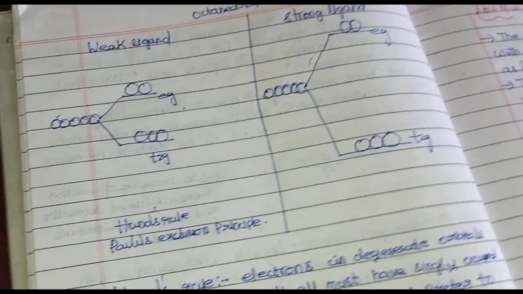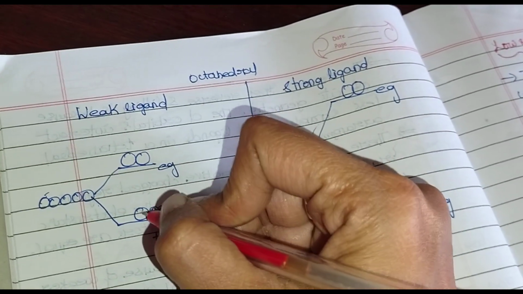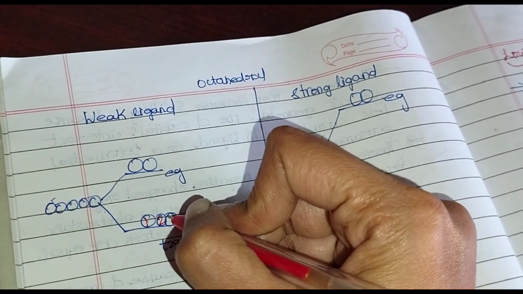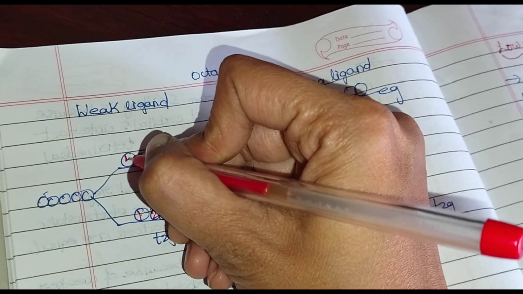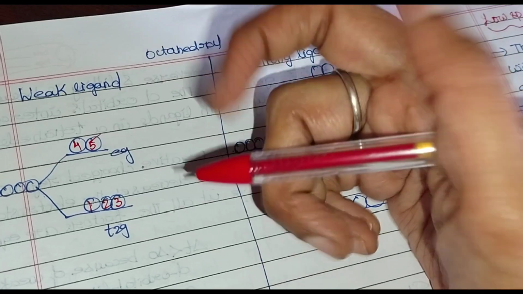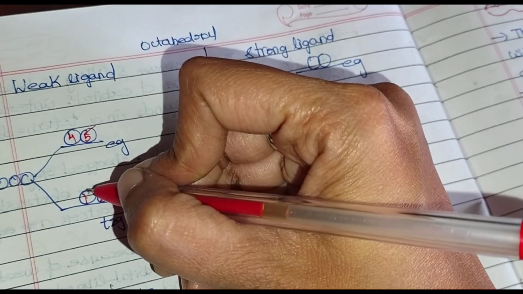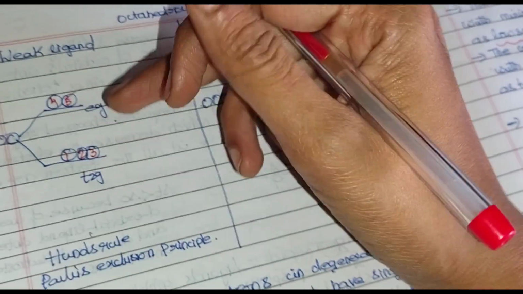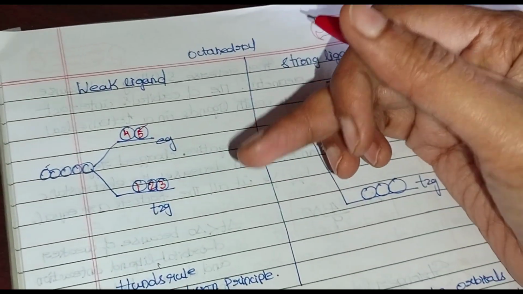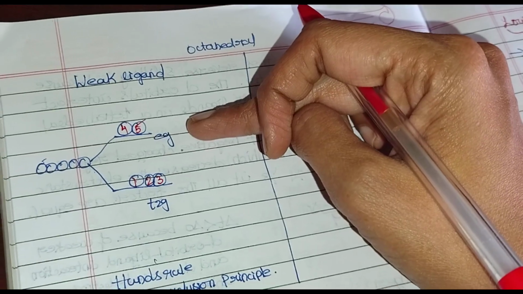Let's see the case of weak ligands. So first 1, 2, 3, 4, 5. Because the splitting is very small, it will easily fill the first 5 electrons, and pairing starts from here. According to Hund's rule and Pauli's exclusion principle, first lower energy is filled, after that higher energy.